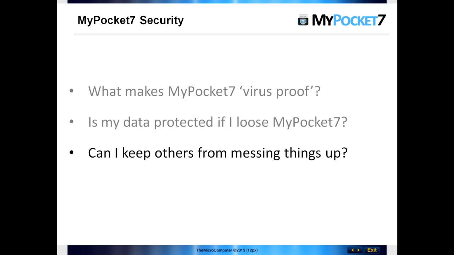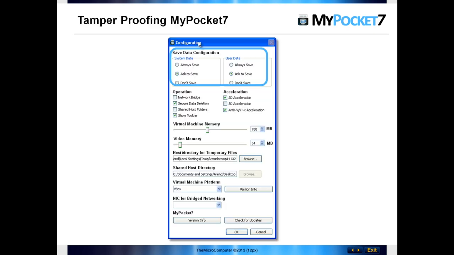The last aspect that we want to look at is how to prevent others from making changes to the MyPocket7. The MyPocket7 configuration window lets the user customize the save dialogues that appear after shutdown. Per default, we are first asked if we want to save user data, then if we want to save system data.